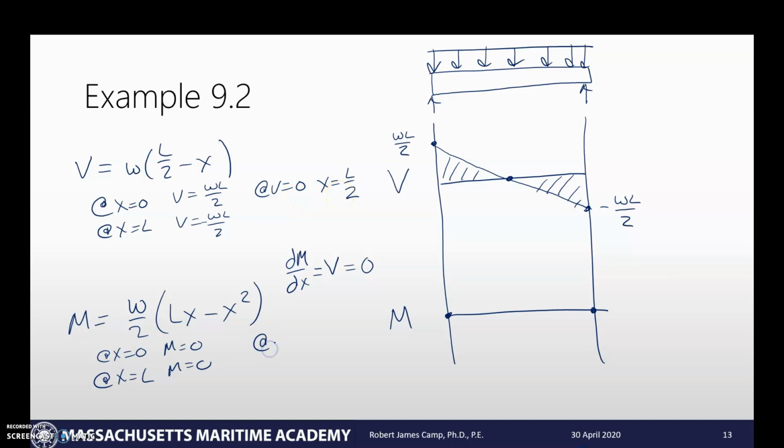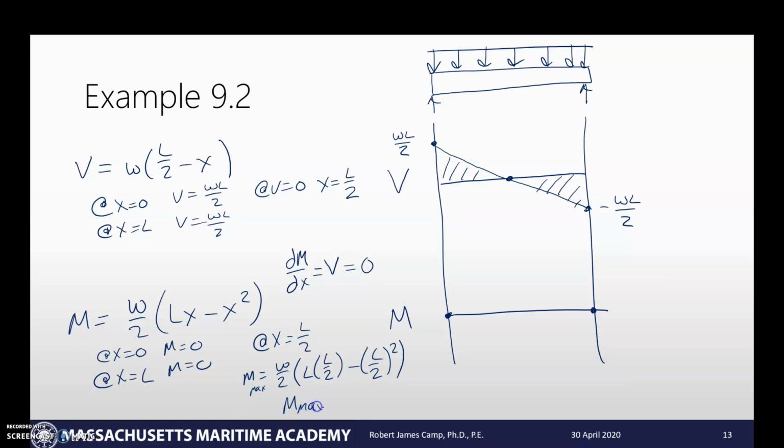So I'm going to plug in at x is equal to L/2. Excuse me. So I'm just going to do a moment is W/2 (L times L/2 minus L/2 squared). And that's the max moment.